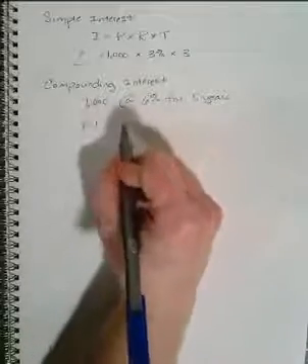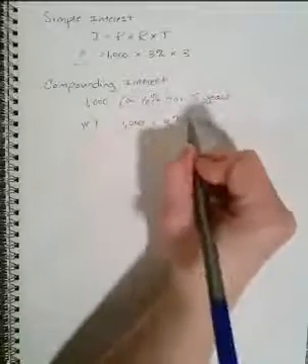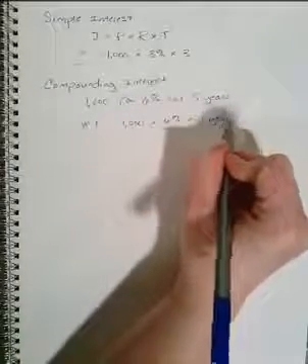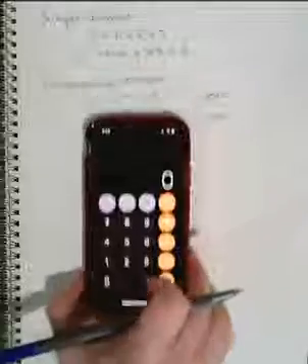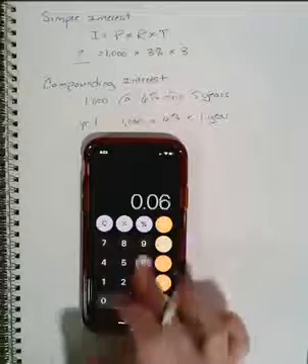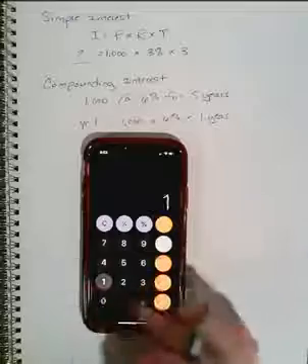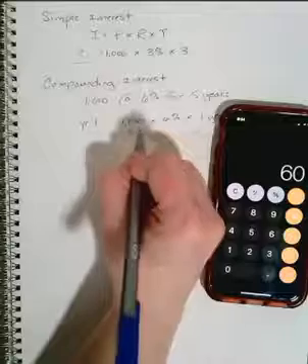Year one, we've got $1,000 times 6% times 1 year. And then we can pull out our basic calculator here, and we can take 1,000 times 6% times 1 year, so $60 in interest, so plus 60.